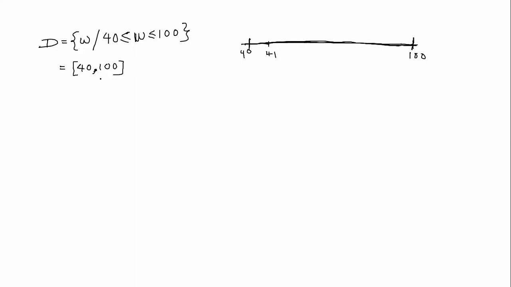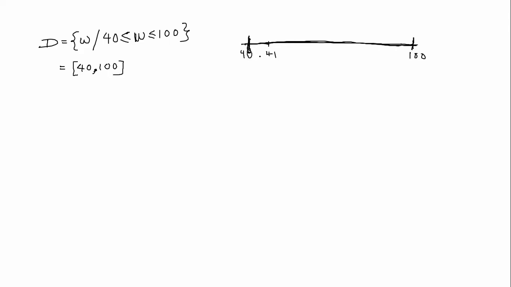Is there a one-to-one correspondence between the elements in set D and the elements in the set of natural numbers? Let us try to look. The first natural number 1 corresponds to 40. But what is the next element in set D that will correspond to the second natural number 2? Nobody can tell. Is it 40.1? Absolutely not.